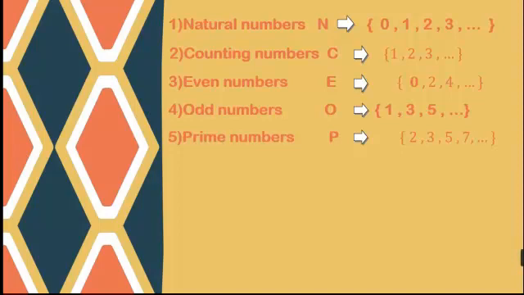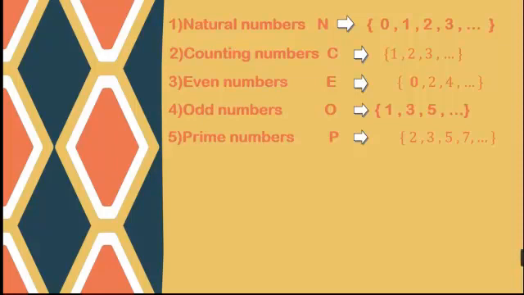So a prime number has how many factors? 2 factors, 1 and itself. So the prime numbers start with 2, 3, 5, 7, 11, 13, and so on. We took it in primary 4.